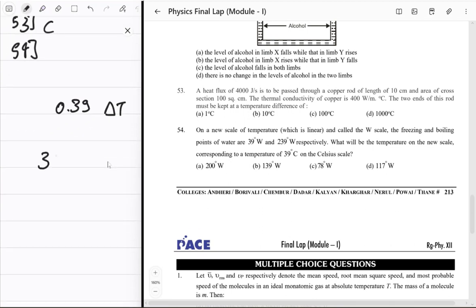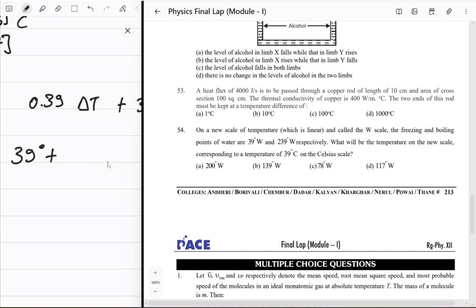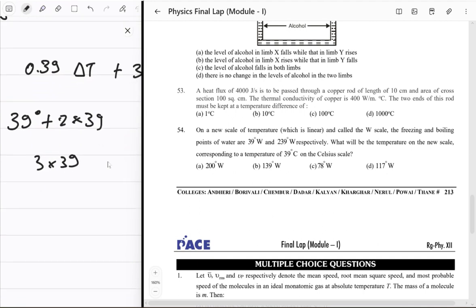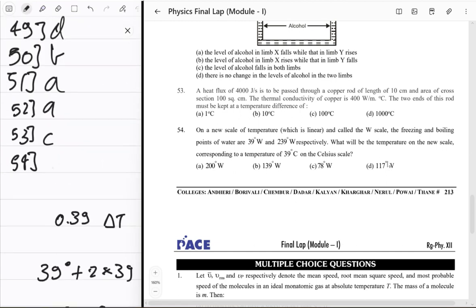So 39 degree plus delta T is what? 200. Okay, so it's like 39 times 2. So basically 3 times of 39, which is like 9 and 27, just 117. गड़बड़ कर रहा हूँ मैं. 9 and 27, that's 117. So D is the answer.